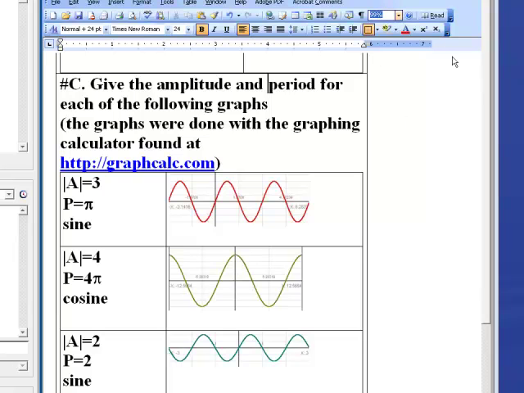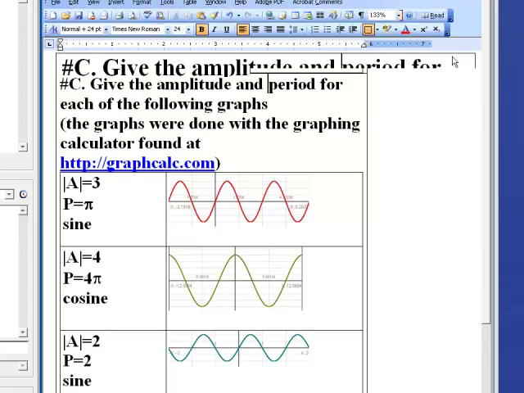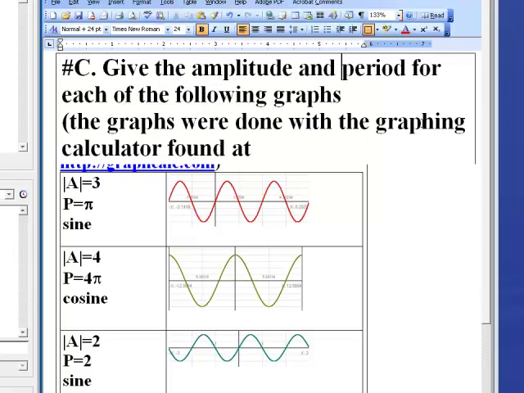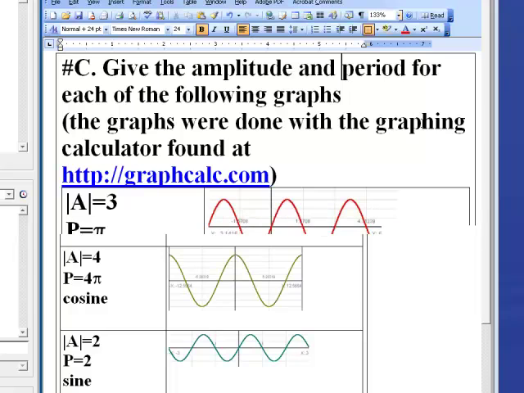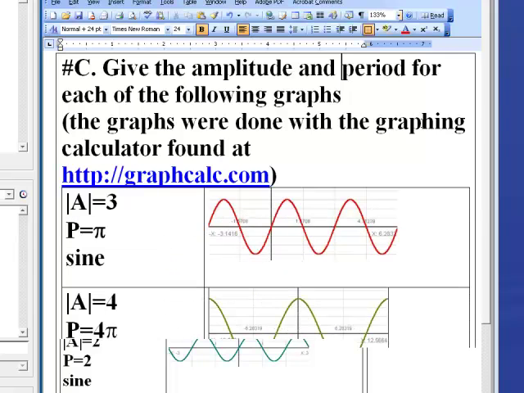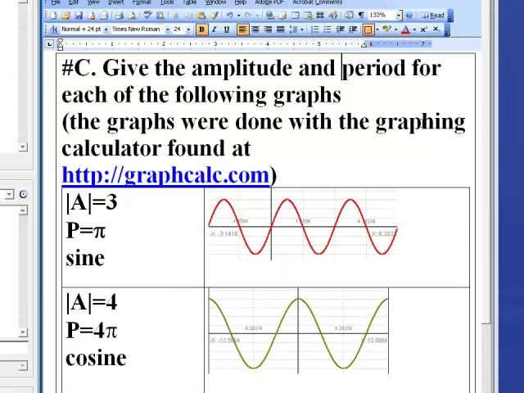So here we go. Maybe I do zoom in a little bit there. So here it says that we're supposed to look at the graph and give the amplitude and the period of each of these graphs.